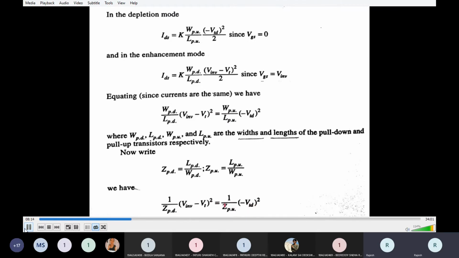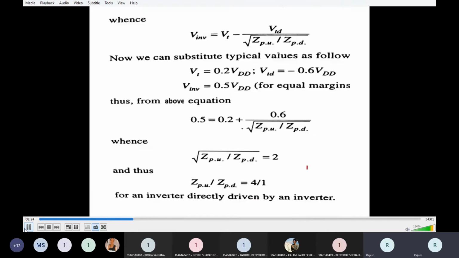Here if you do cross multiplication, you will get Z pull up by Z pull down equal to (minus VTD) whole square divided by (V invert minus VT) whole square. After that, substitute typical values: VT, the threshold voltage of the enhancement mode MOSFET, is equal to 0.2 VDD, and VTD, the threshold voltage of the depletion mode MOSFET, is minus 0.6 VDD.